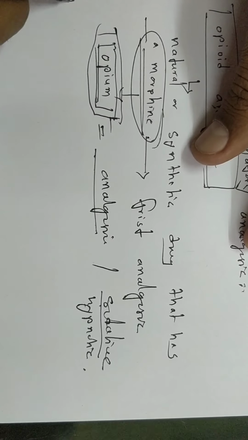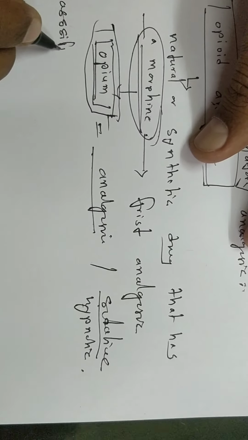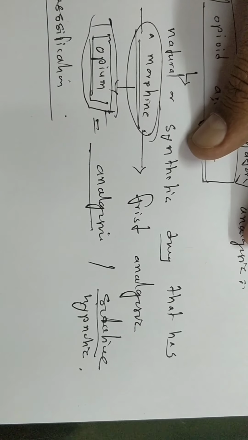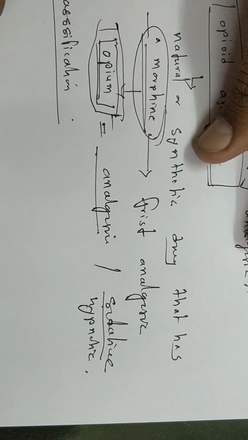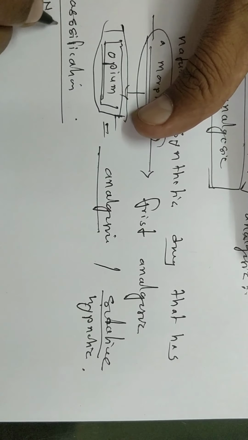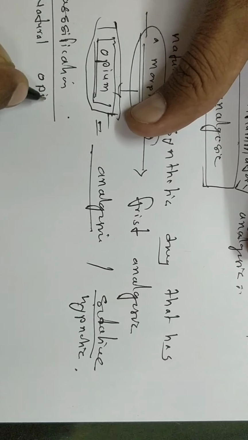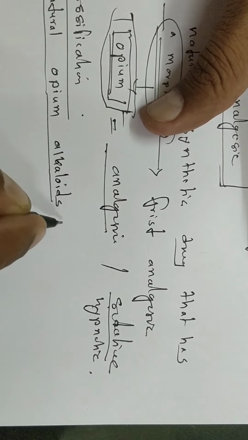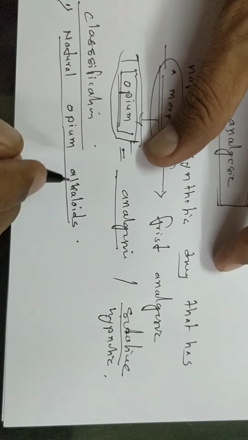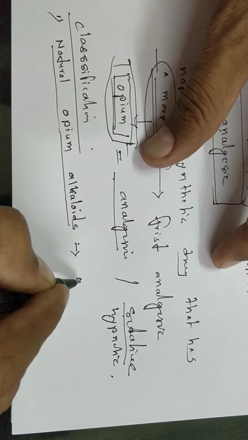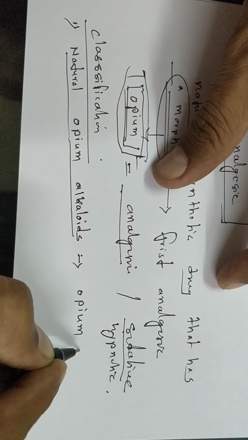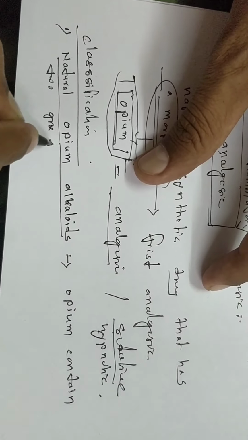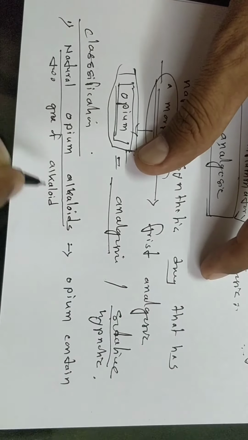The classification of opioid analgesics is divided into two groups. The first group, natural opium alkaloids. Opium contains two groups of alkaloids. They are again divided into two groups.